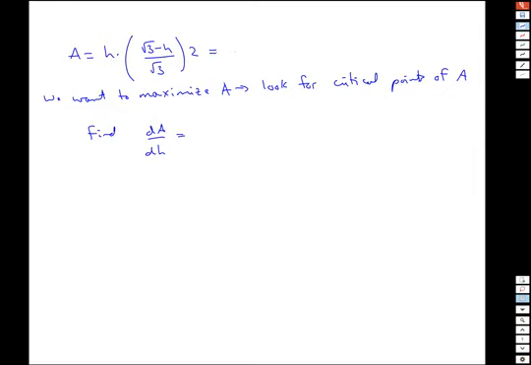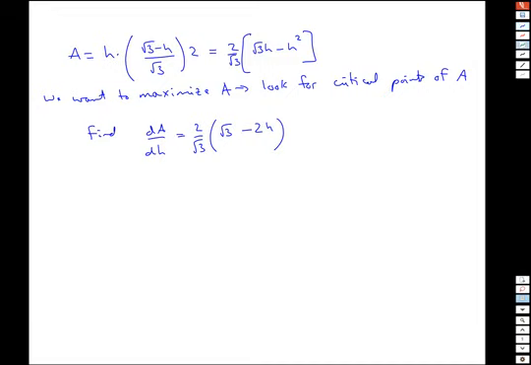I would probably rewrite the actual expression, pull out any constants in the first place, and then multiply the h in. We have root 3h minus h squared. Then when we differentiate this with respect to h, we're going to get the 2 over root 3, and we're going to get the root 3 minus 2h, like so.